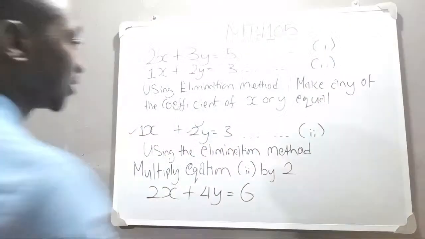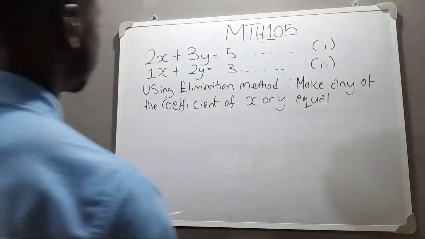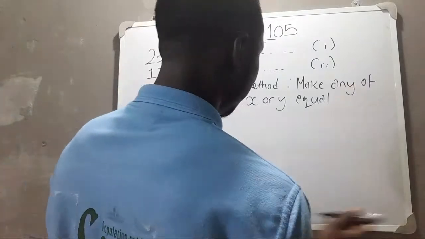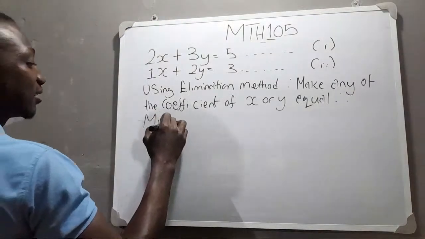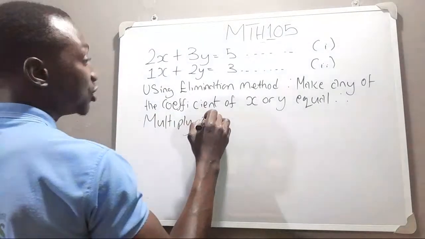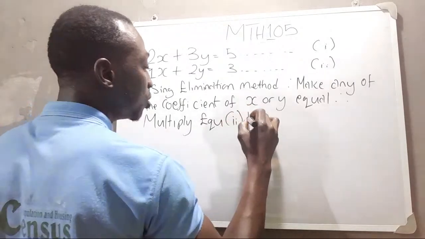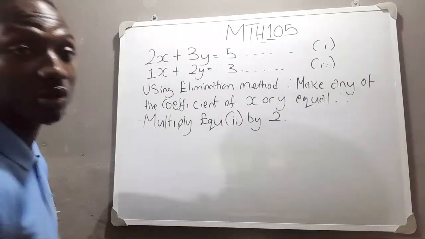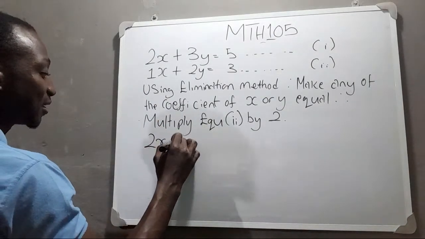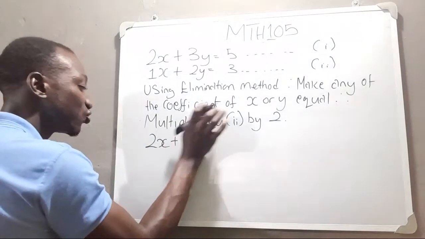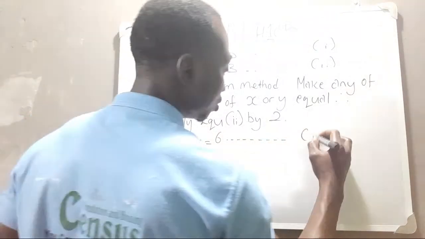And to achieve that, we then say multiply equation 2 by 2. Now after multiplying equation 2 by 2, we arrived at 2x plus 4y equals 6, and that is equation 3.